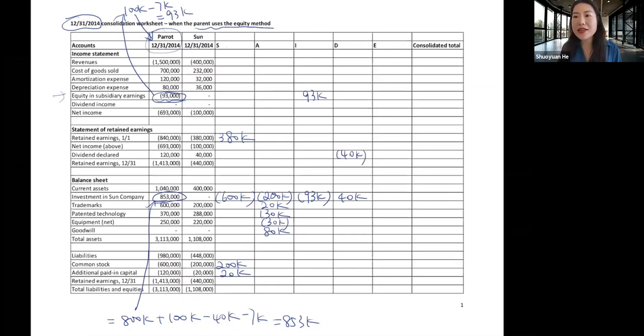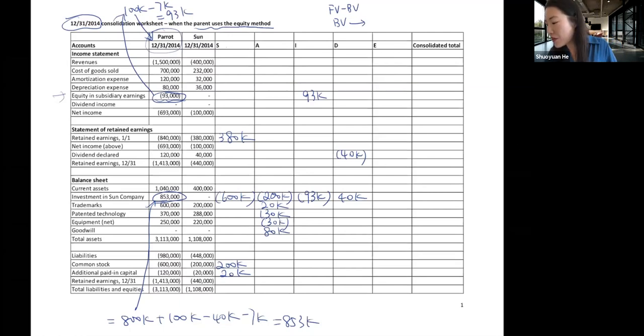Consolidation entry E is to do the real amortization, because the parent paid the difference between fair and book value here. The book value of the subsidiary's asset is amortized or depreciated on the subsidiary's book. And once the parent is paying the difference between book and fair value, it is like revaluing the asset to its fair value.